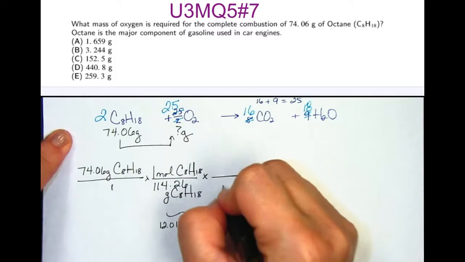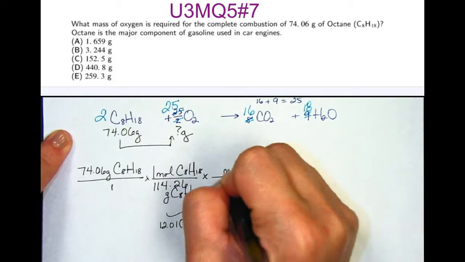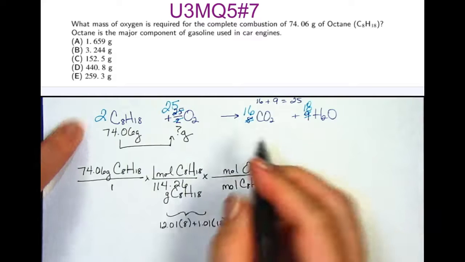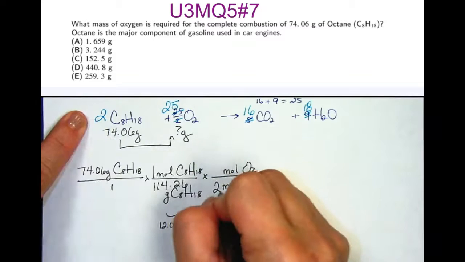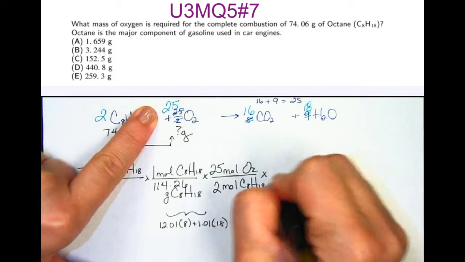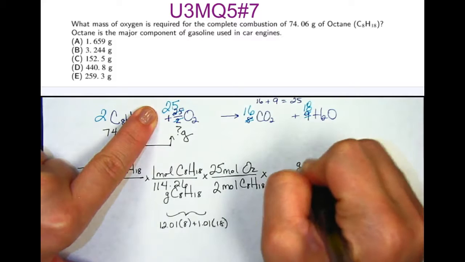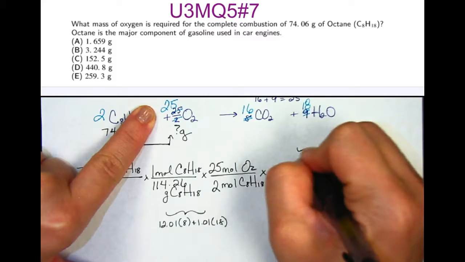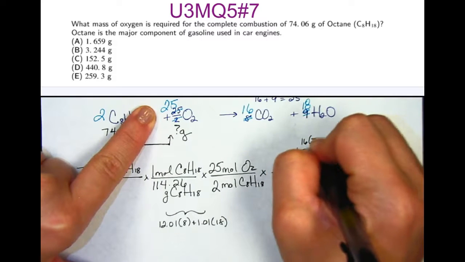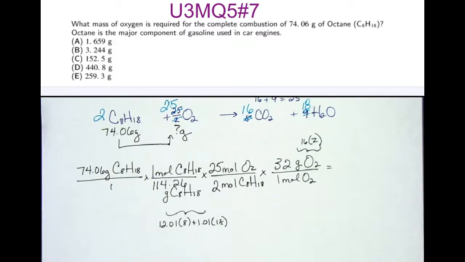Now we can do our mole-to-mole ratio between octane and oxygen. There are 2 moles of octane and 25 moles of oxygen. And now I can convert from moles of oxygen to grams of oxygen by going to the periodic table and taking the mass of oxygen times 2, which is going to give me 32.